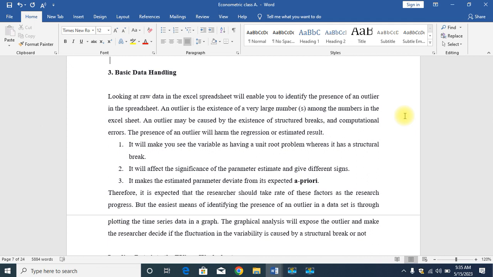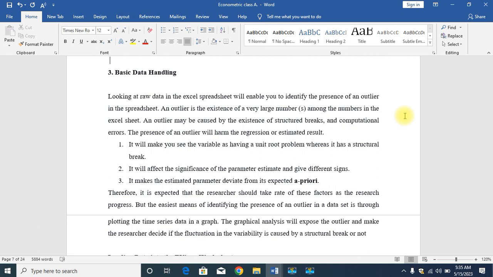In today's class, we are going to look at basic data handling, which is a continuation of what we did last week. Actually, in running regression, the first thing the researcher does is to prepare his or her data set for analysis.